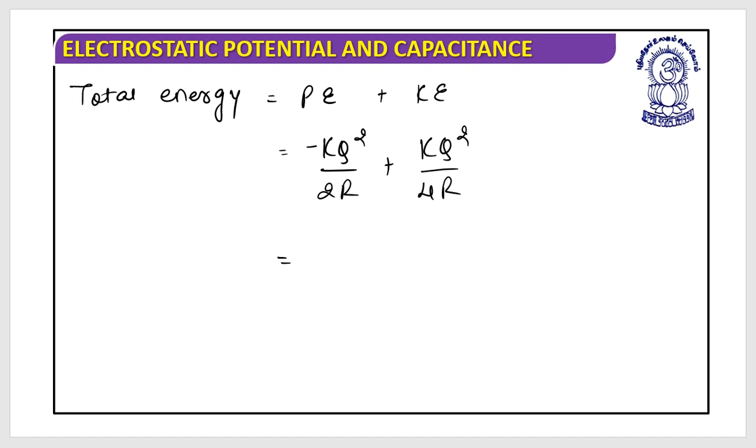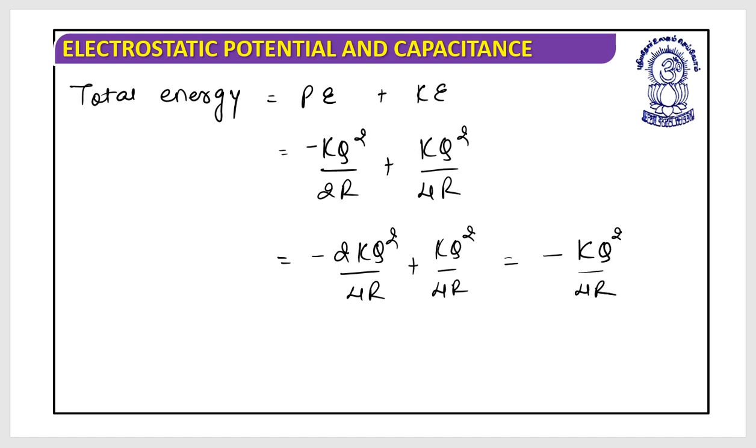So that can be written as minus 2kq square by 4r plus kq square by 4r. So this is minus 2, this is plus 1, so this remains as minus kq square by 4r. This is the total energy of the system. I hope these things are clear.